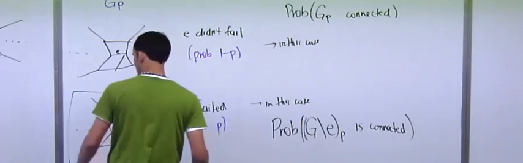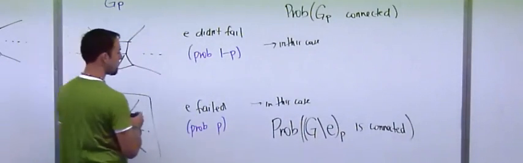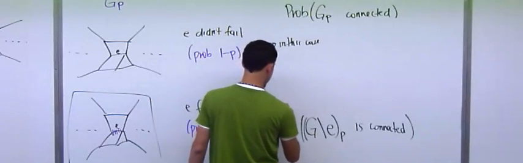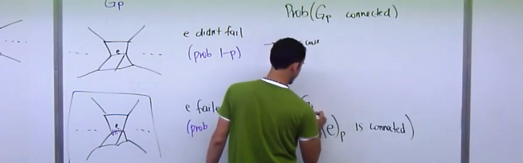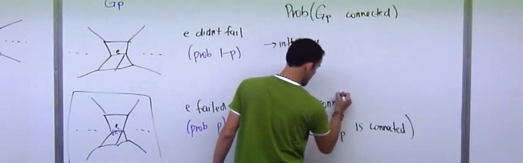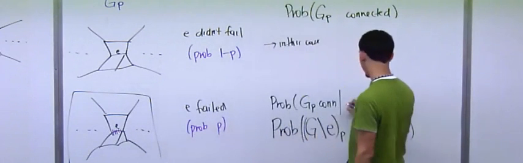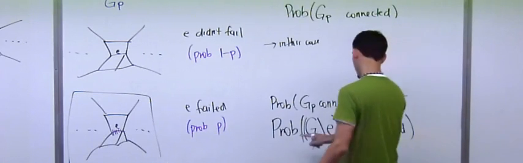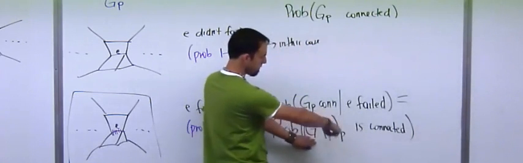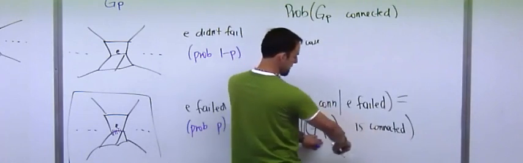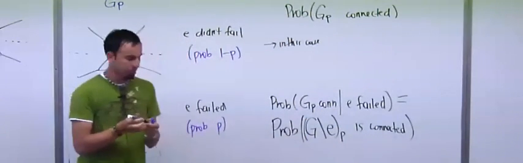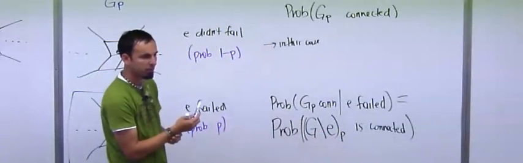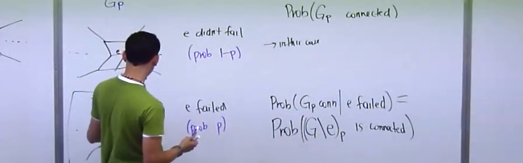In other words, let me write this as an equation. So, probability that G sub P is connected, given that edge E failed, is equal to the probability that G without the edge that failed is connected after you delete edges with probability P. Okay? So that's the case where the edge E failed.